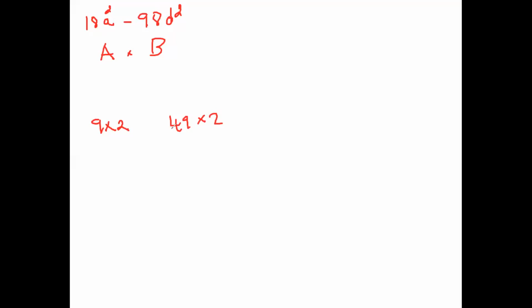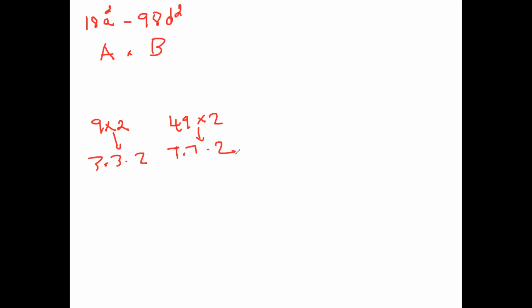What do you think is the highest number? You can also turn 49 into 7 times 7, times 2. And for 18, you can say 3 times 3 times 2. If you can't see the highest number right away, you can always break it down like this.